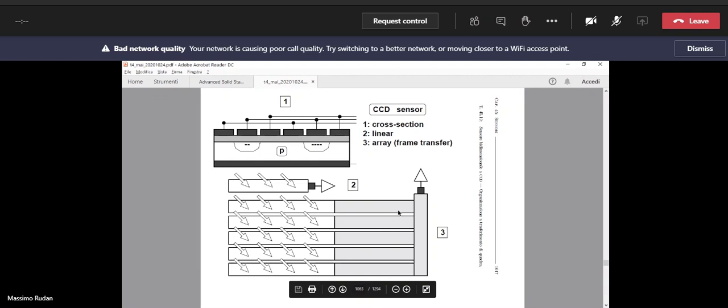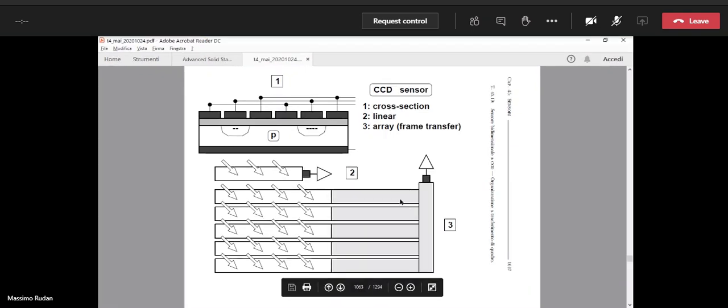Because in this figure, we transfer 5 packets, because there are 5 rows, into the vertical CCD, and then we have quickly to transfer these 5 packets into the reading device. So the frequency by which the vertical CCD is operated is, in this example, 5 times the frequency of the clocks of the horizontal CCDs.